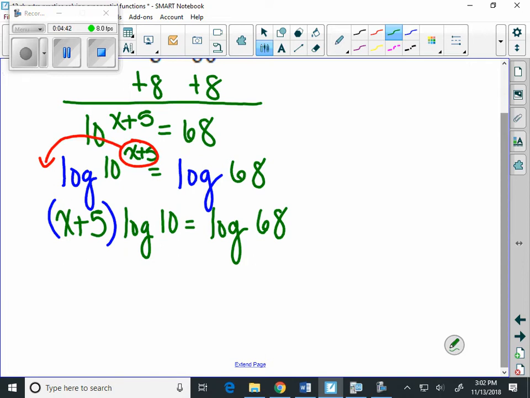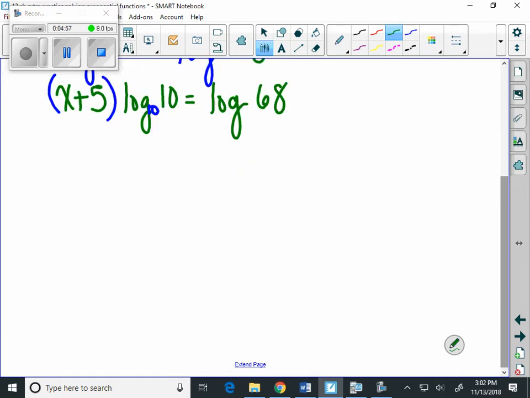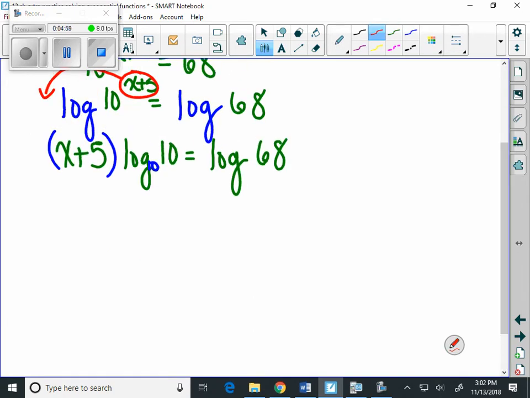And the thing is, typically what we would do is distribute log of 10 over the x and the 5. But if you think about it, the base of a common logarithm is 10. So the log base 10 of 10 is really 1. This value, log of 10, is 1 here, and then that's going to be multiplied by the x plus 5.